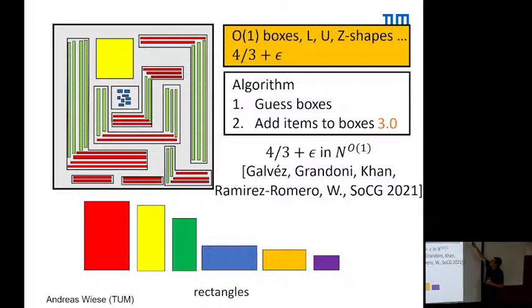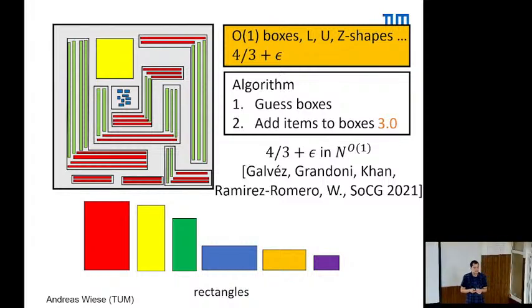I'd like to mention that we also use somewhat more complicated shapes that are like generalized Z shapes and U shapes. The definition is a little technical, but we make sure that we have a constant number of these corridor pieces overall. But the choice of these structures like L, U or Z is guided by the analysis, in the sense that these are shapes for which you can pack near optimally.